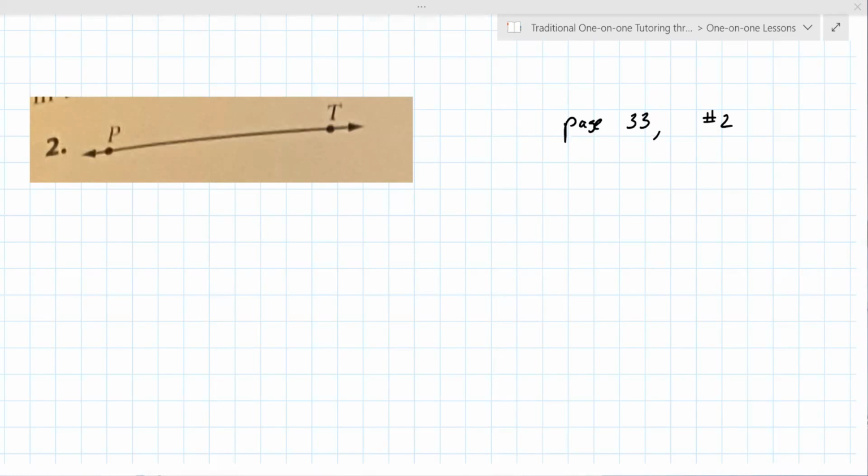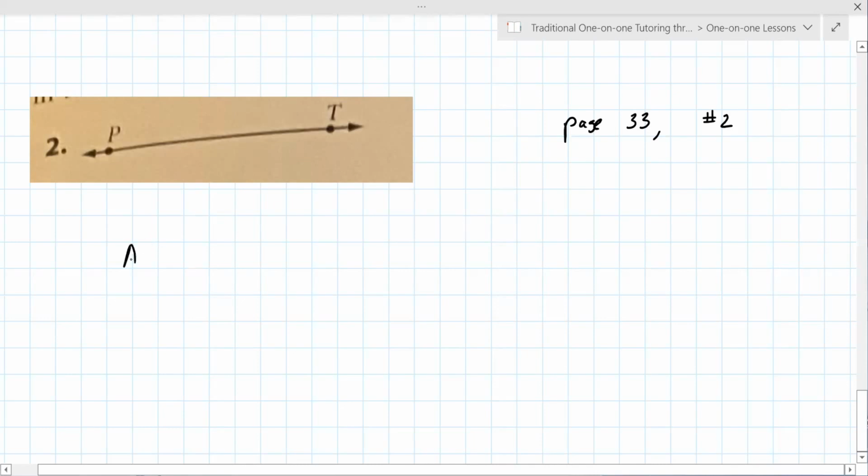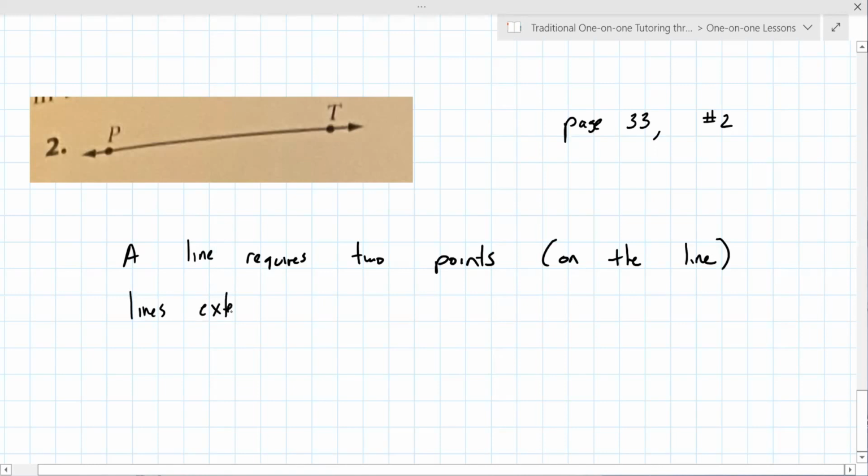So there are 2 ways to name a line. A line requires 2 points, and the points need to be on the line. Lines extend infinitely, and that's what these arrows mean.